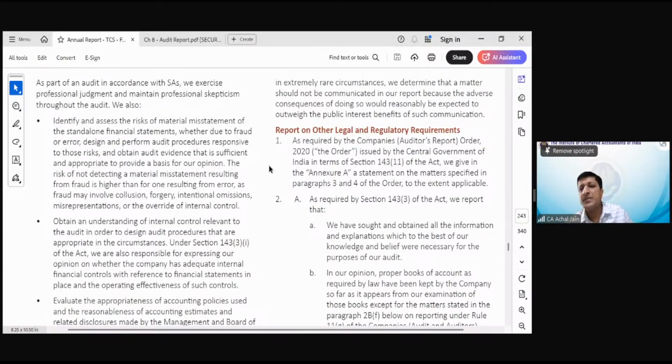Sometimes there could be some specific requirements of the law which the auditor is required to fulfill. What could be those specific requirements? Those requirements could be in relation to anything. Again, we do not have any list specified over here.